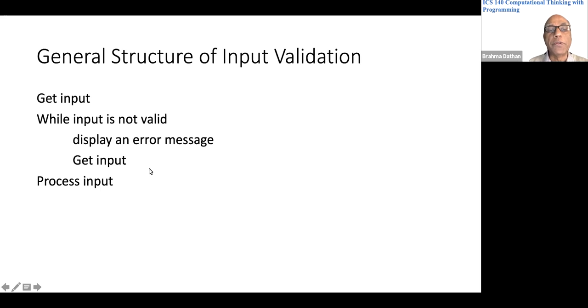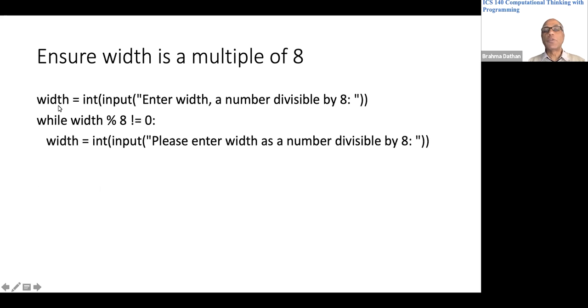Let me now show you one more example before we move on to other things. Suppose you need to read a value like width, and it should be divisible by 8. So you read that value, and if it is not divisible by 8, that is, the remainder after division by 8 should be 0.